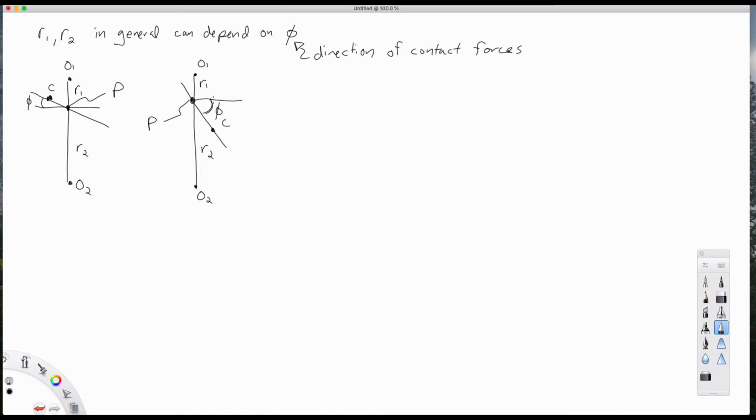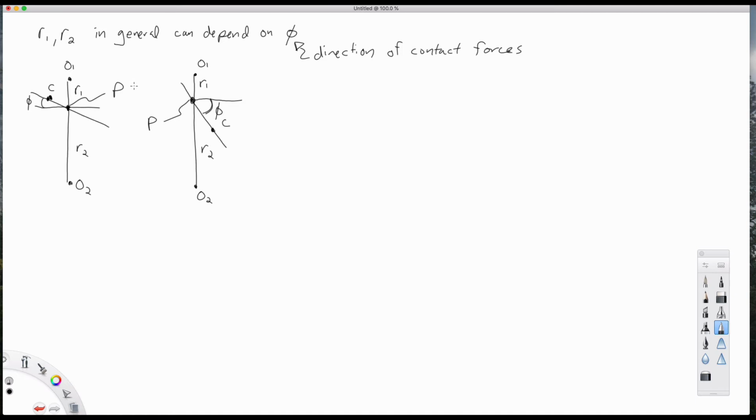As a result, the pressure line could intersect the center line at a totally different location than it did previously. This point of intersection is called the pitch point, and the pitch point is what defines what R1 and R2 are.